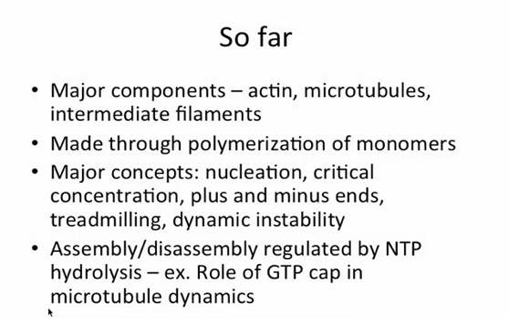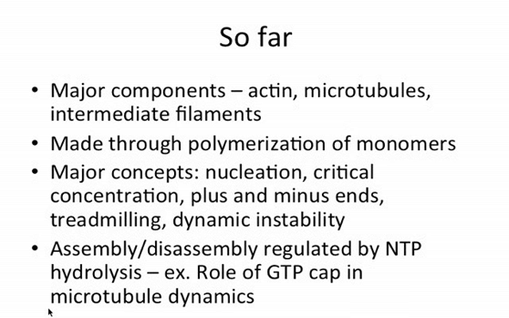Okay, so far we've talked about the major components of the cytoskeleton: actin, microtubules, intermediate filaments. They're all made through polymerization of monomers, so monomers coming together in some way to form a polymer.